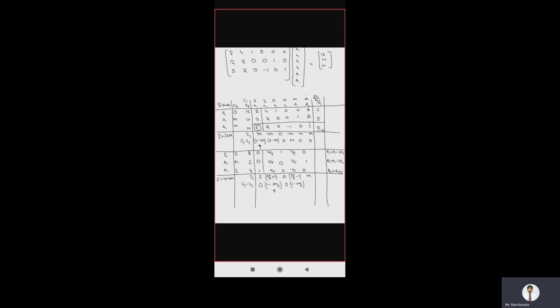Now let's see what will come. This is the entering variable and x2 will enter now, right? And something will move out. 40 by 16, so that is 5 by 2. So we get a value of 5 by 2 from here. Then we have 6 cancel 5, we have a value of 5. And here we have 2 by 5, again we have a value of 5.